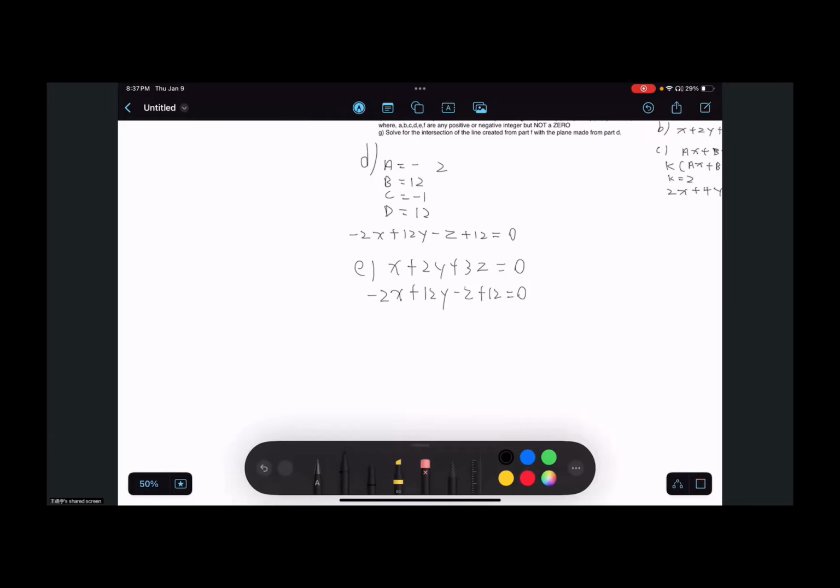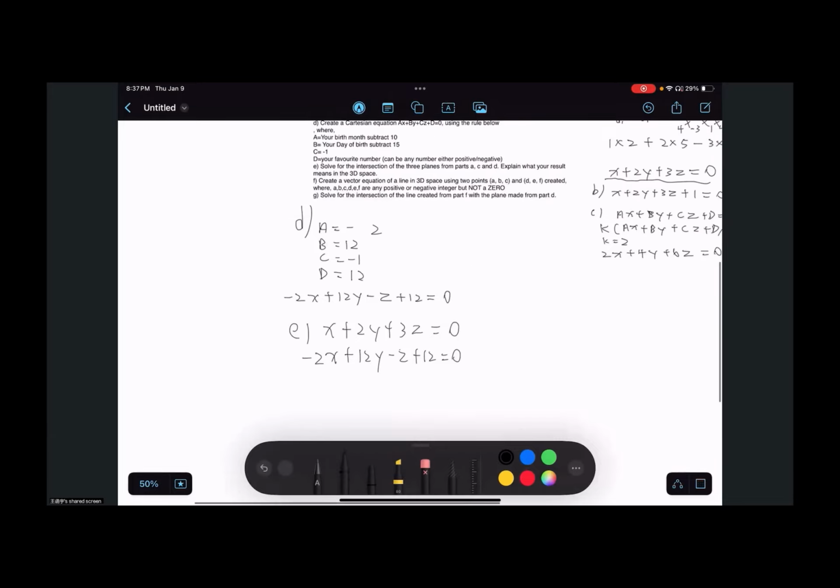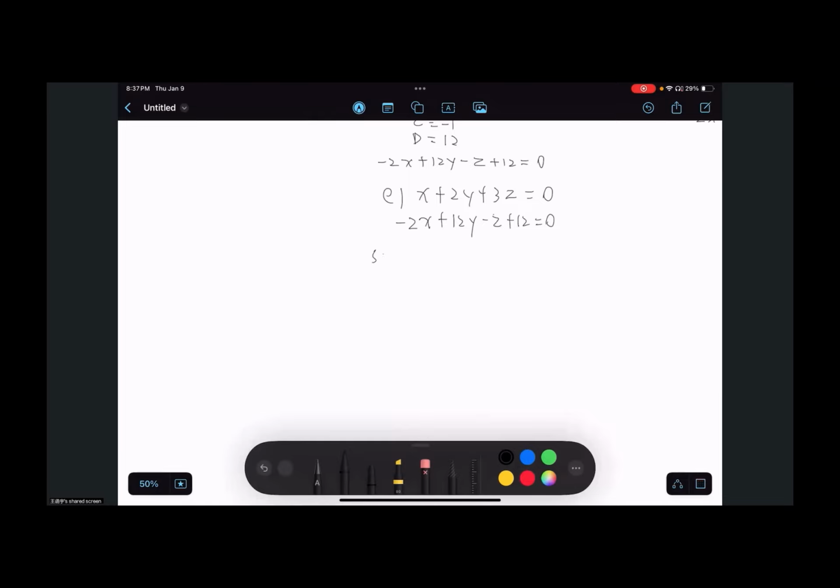The way we can find the intersection is to say that x equals t, and then we got 2y plus 3z equals negative t, and 12y minus z equals negative 12 plus 2t.